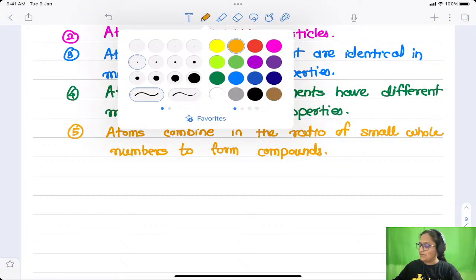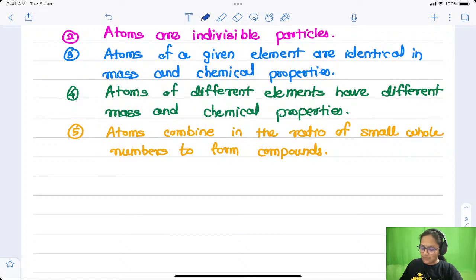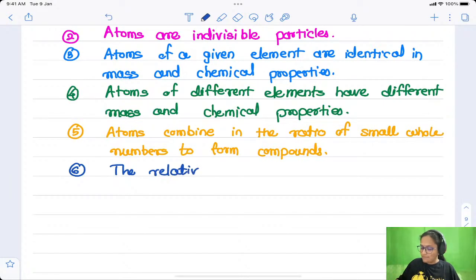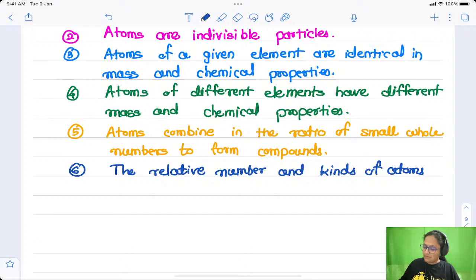Then the next postulate I will write down, the sixth and last postulate. The relative number and kinds of atoms, that is types of atoms, are constant in a given compound.